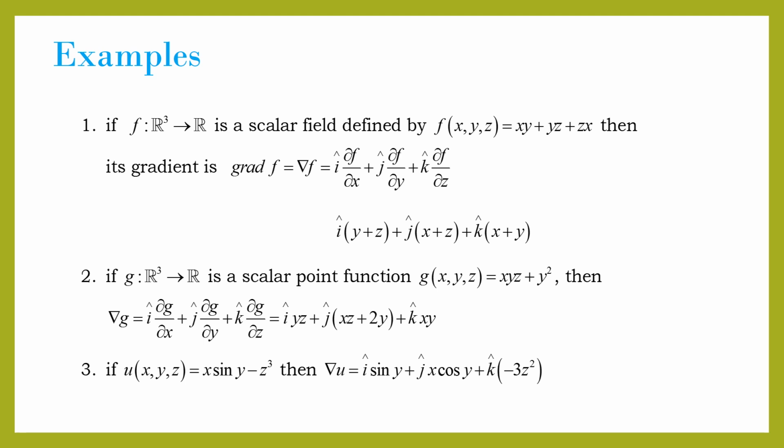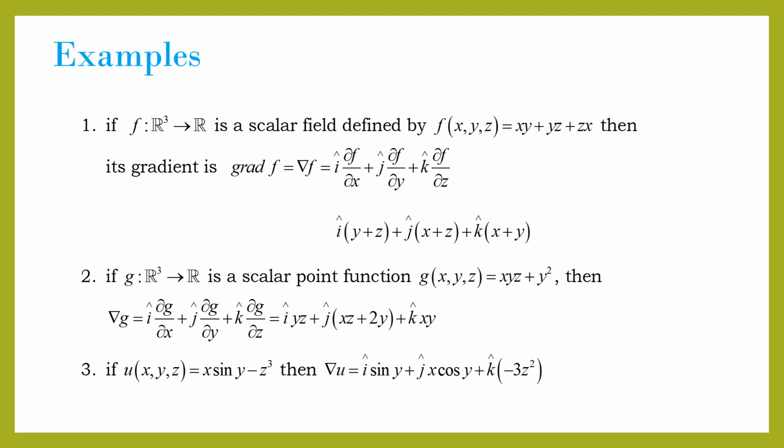For this function, if we find out the partial derivatives dou g by dou x, dou g by dou y and dou g by dou z, we get dou g by dou x equals yz, dou g by dou y equals xz plus 2y, dou g by dou z equals xy.